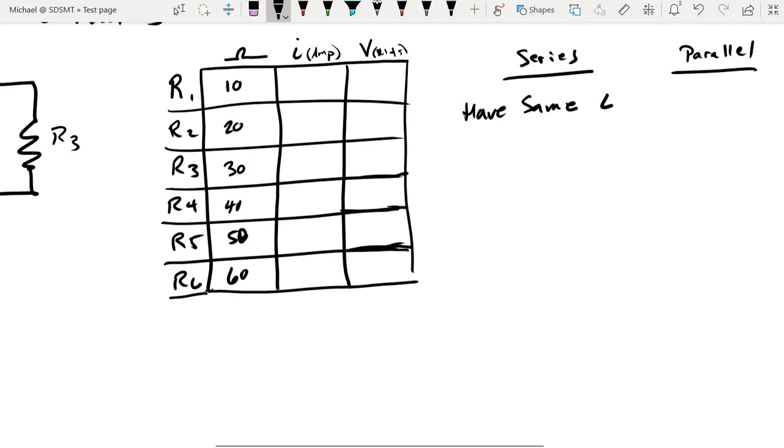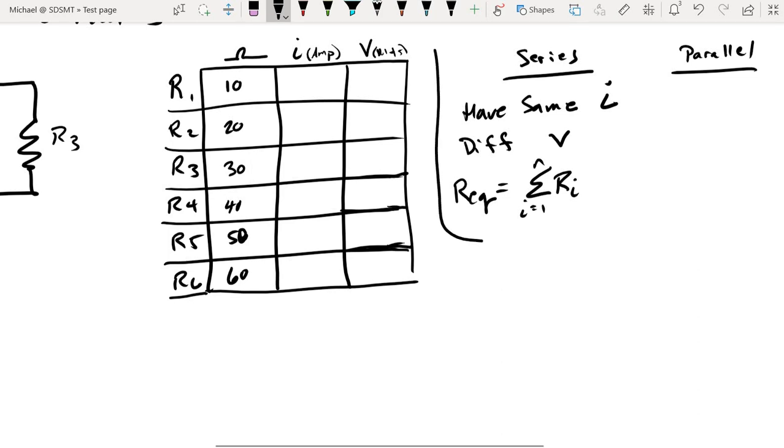Series resistors have the same current, different voltage, and we find the equivalent resistance by taking a direct summation of the resistor values.